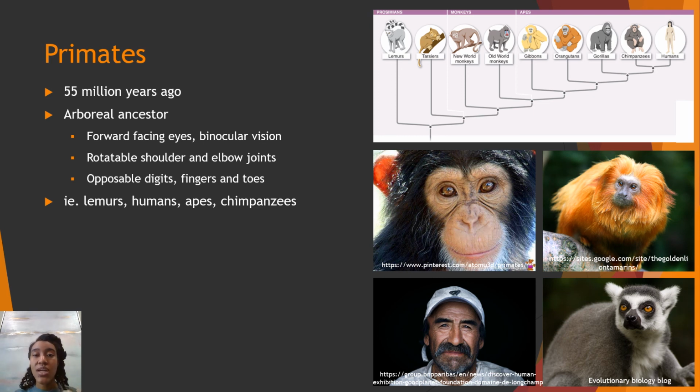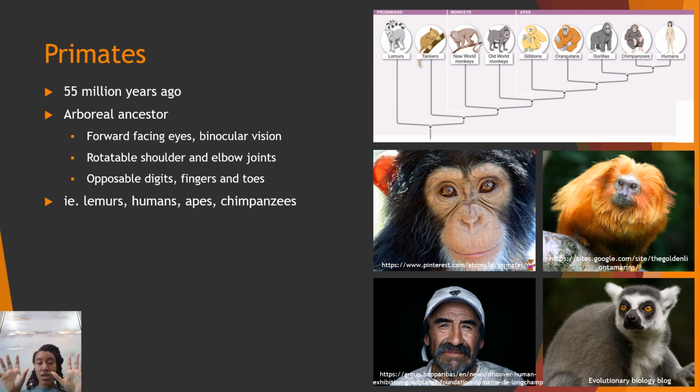If you're living in a tree, you don't want to swing from tree to tree and miss and fall to the ground or hit another tree. Depth perception matters a lot if you're living in trees. Additionally, we have rotatable shoulders and elbow joints. This is really helpful when you're swinging from tree to tree or traveling around in trees. And then finally, we have opposable digits.